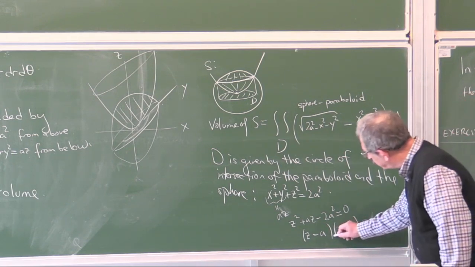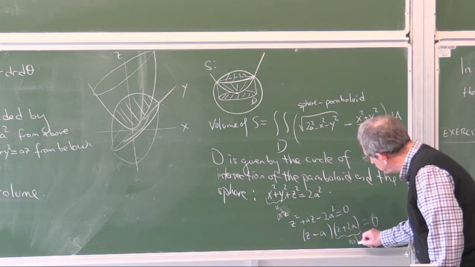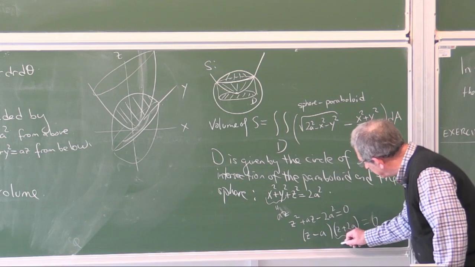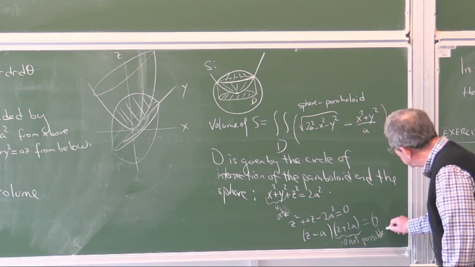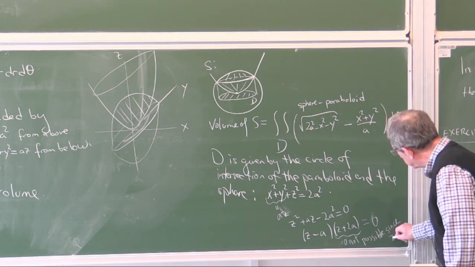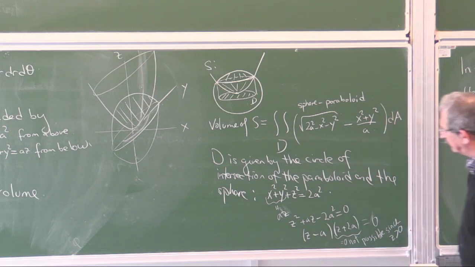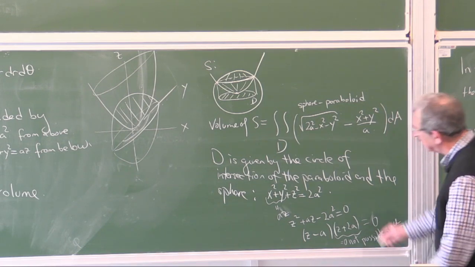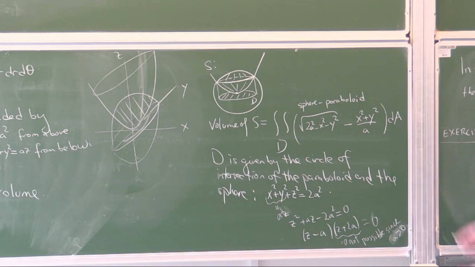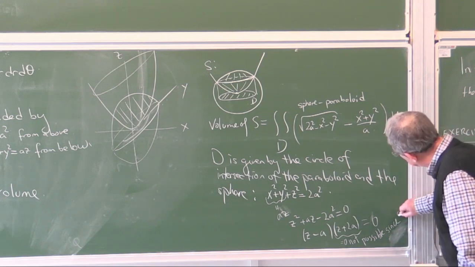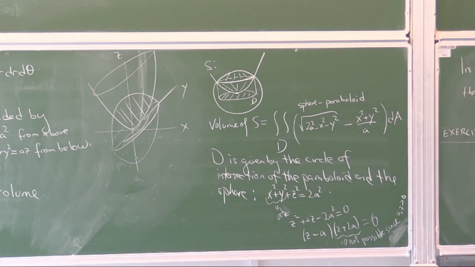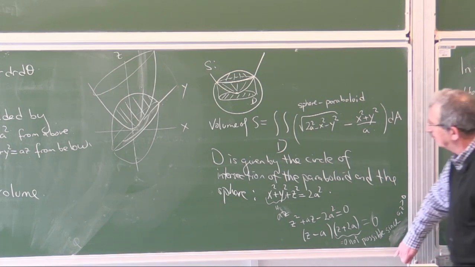But of course, z plus 2a equal to 0 is not possible, since z is positive. Z cannot be negative. I mean, a is positive and z cannot be negative. I have to say both, since a and z are positive. So z must be equal to a.